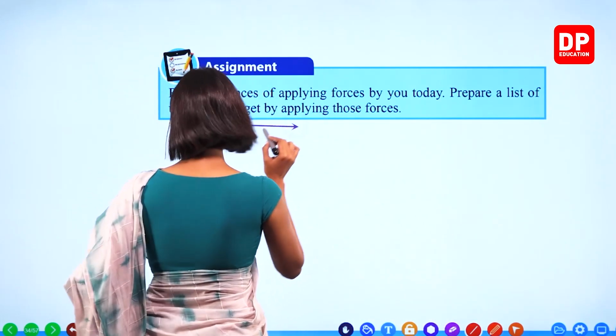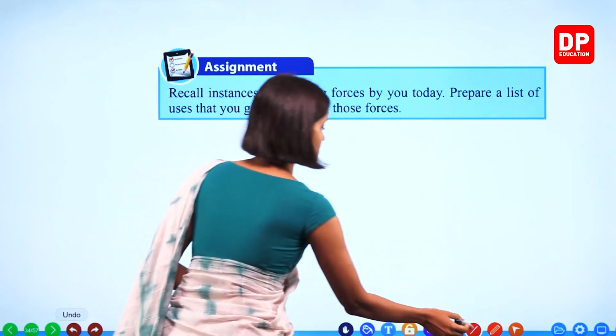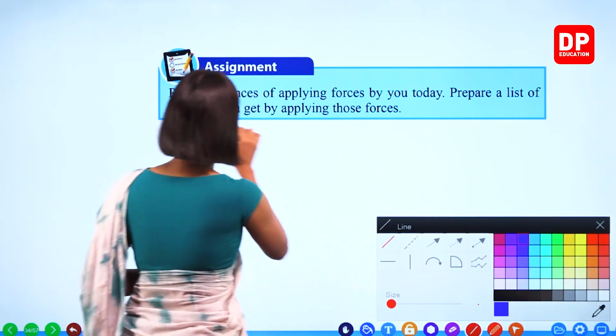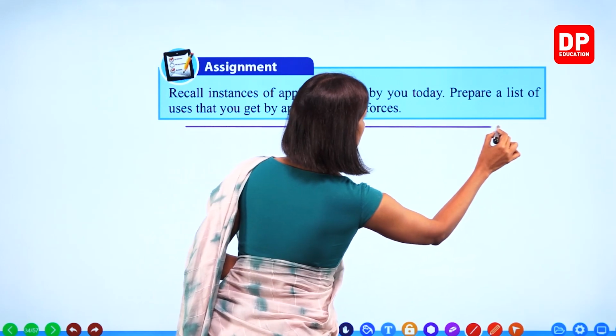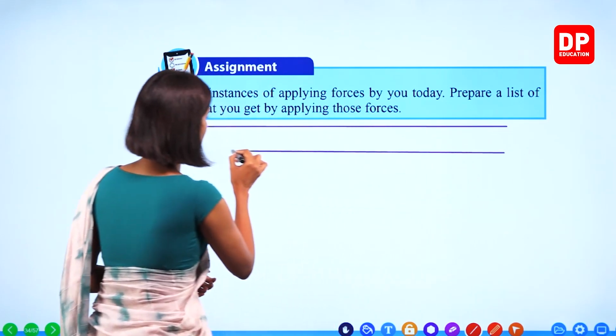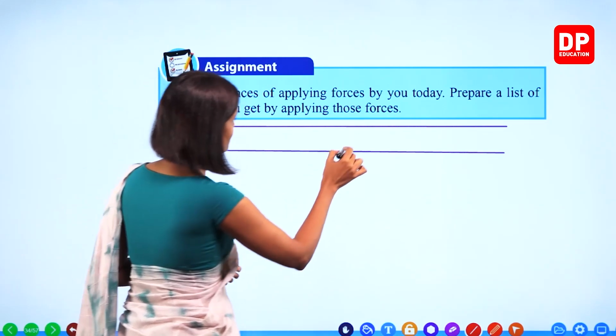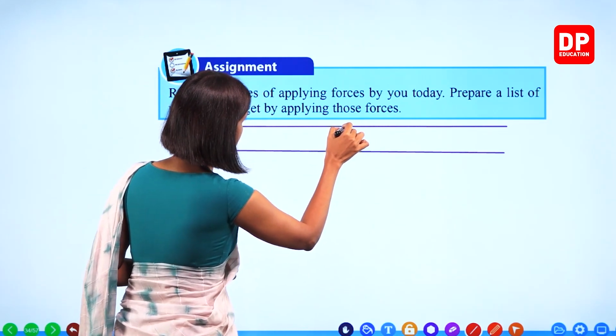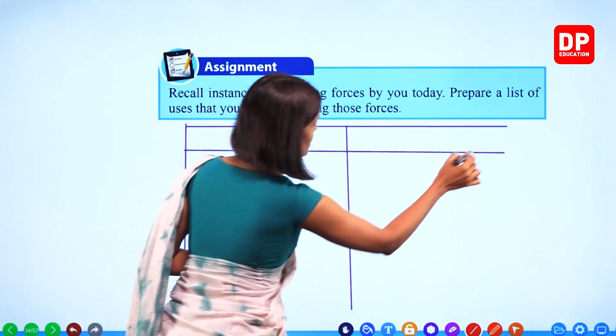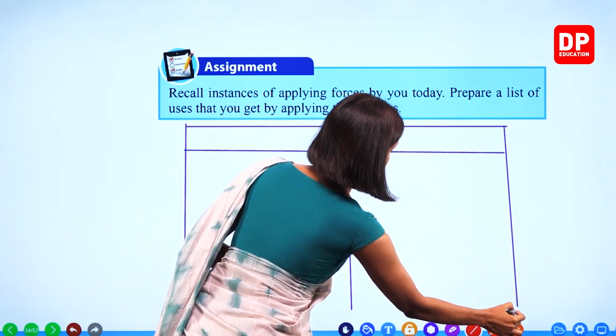So we can simply do it in a table, like this. You can make the list longer and you will understand it better when you do more examples.